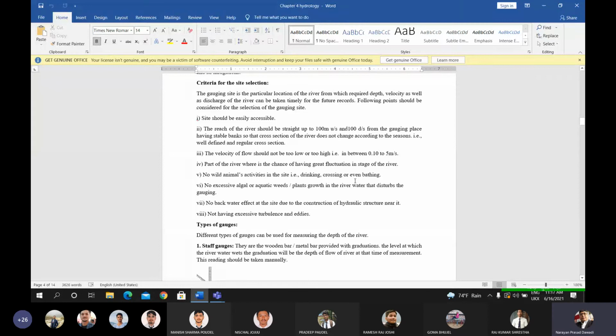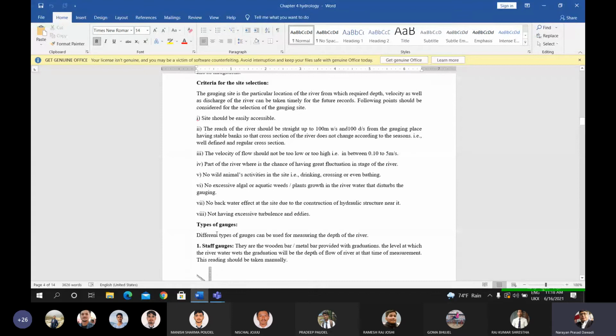In both cases, one is the chance of risk of attack by the animal, and second is the chance of loss of habitat for the wild animals due to human activities near their site. So as far as possible, we should not provide the gauging site near the animal activities area.